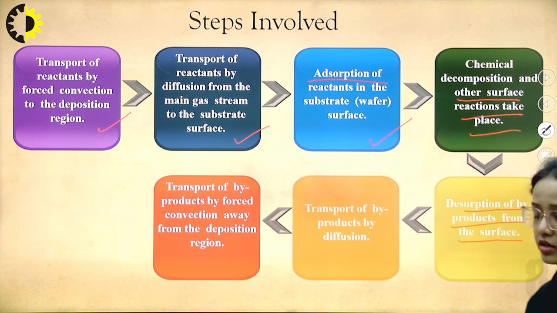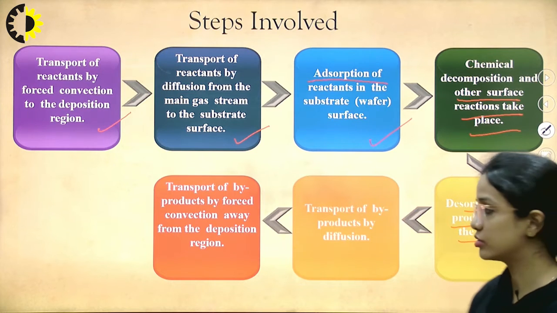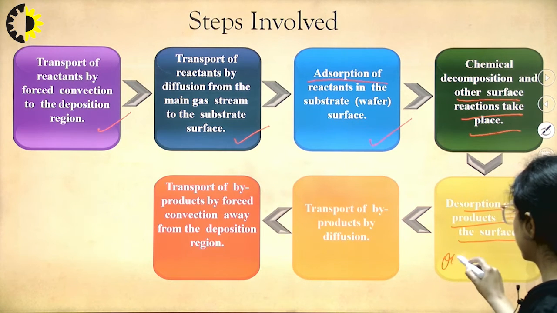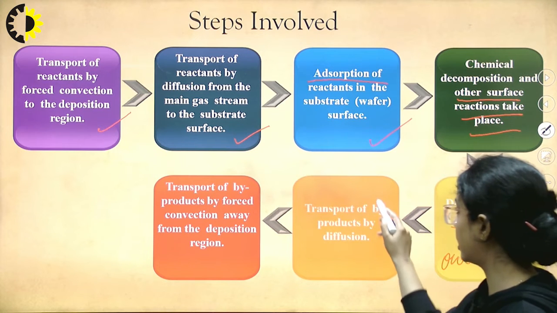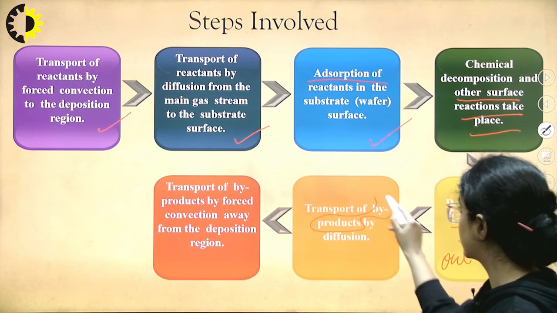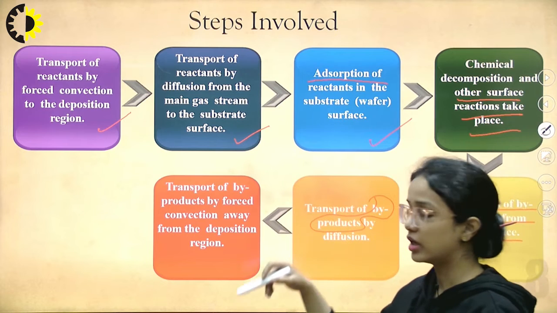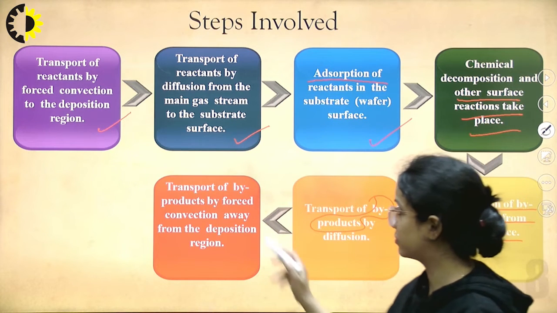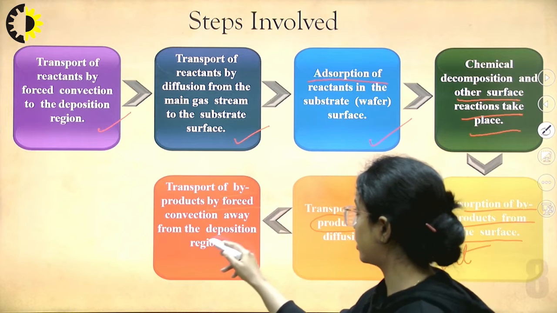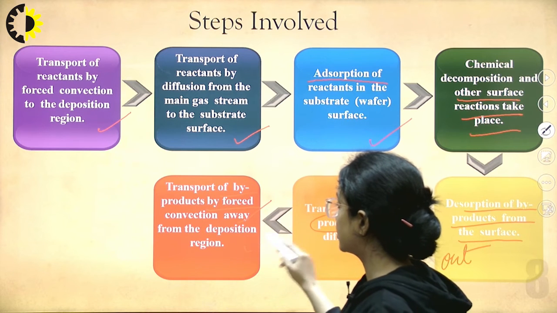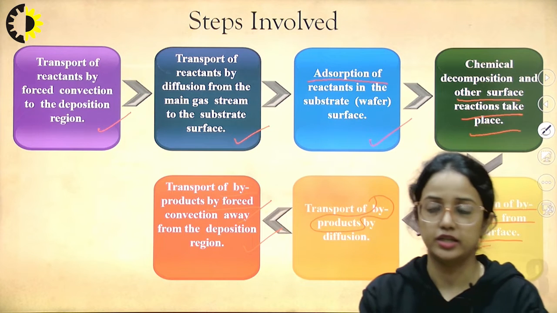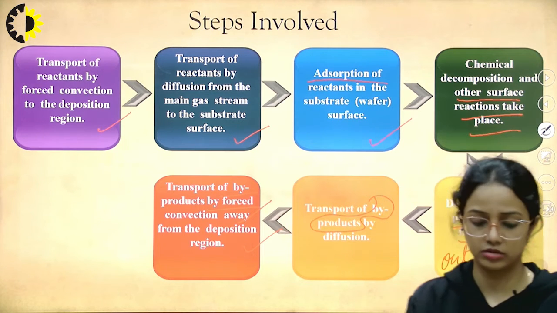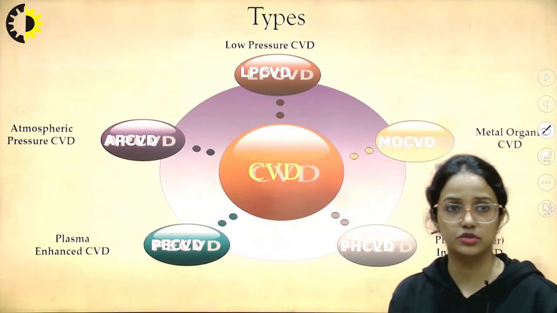It may happen that an adsorbed molecule gets dissolved, so it moves out of the system. Transport of these byproducts, already out of the system, to a place outside the chamber. Transport of byproducts by forced convection away from the deposition region. So this is a step-by-step flow chart defining the mechanism behind CVD, chemical vapor deposition.